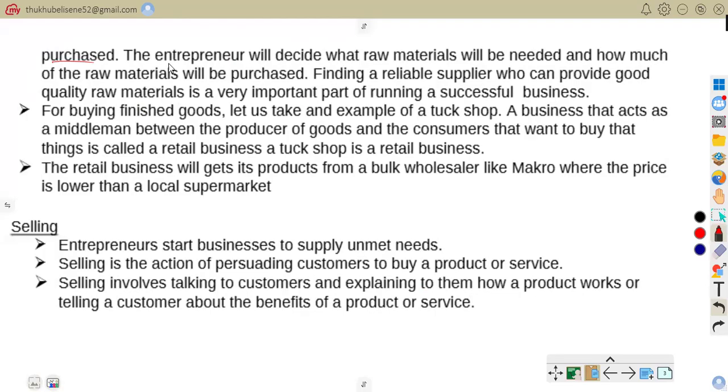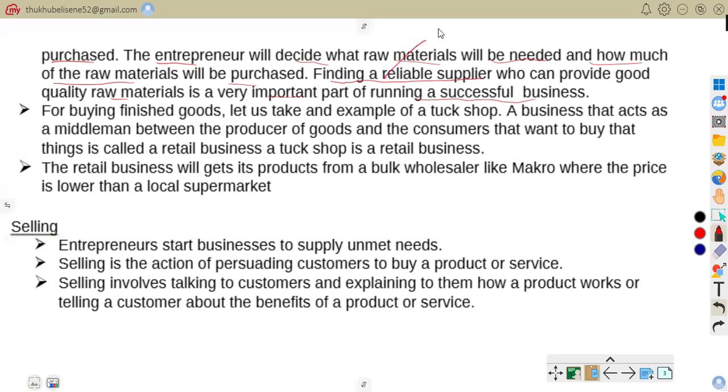It further says the entrepreneur decides what raw materials will be needed and how much of the raw materials is to be purchased. Finding a reliable supplier who can provide good quality raw materials is very important for running a successful business. So here we are talking about choosing a good supplier.